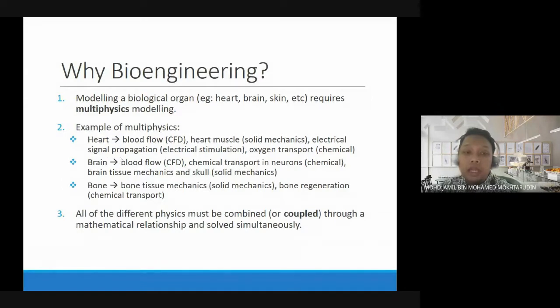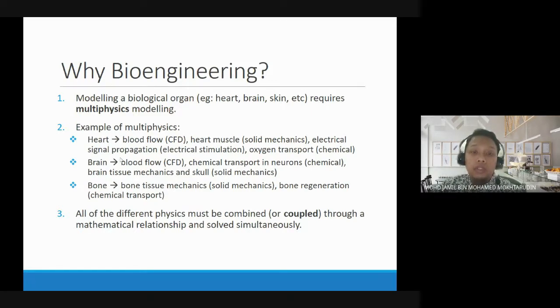So why does this subject specifically choose bioengineering? Because in biological organs such as our heart, brain, skin, and so on, it requires not only one physics, where one physics means one system or one modeling, for example fluid dynamics only or heat transfer only.